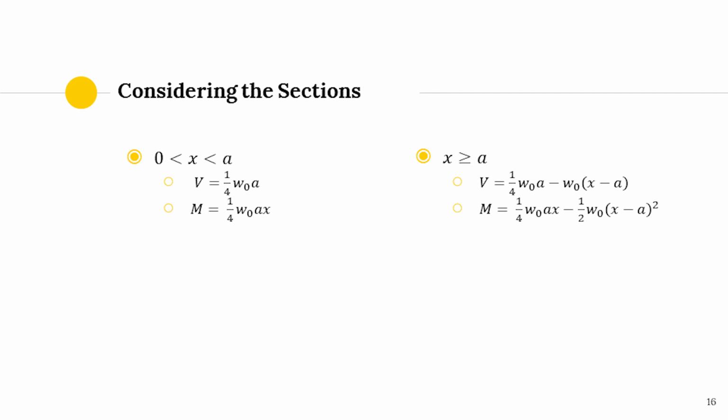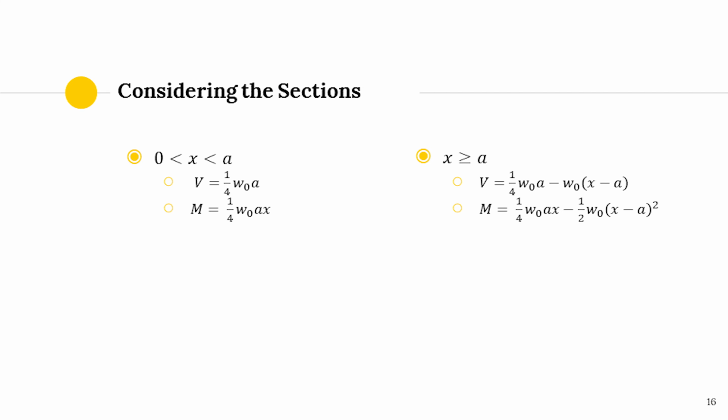In the previous example, we can represent shear force and bending moment functions of the beam using singularity functions. Looking at the beam, we notice that the distributed load begins at x equals a. Therefore, the discontinuity point of the function that appears in the Macaulay brackets will be at a.